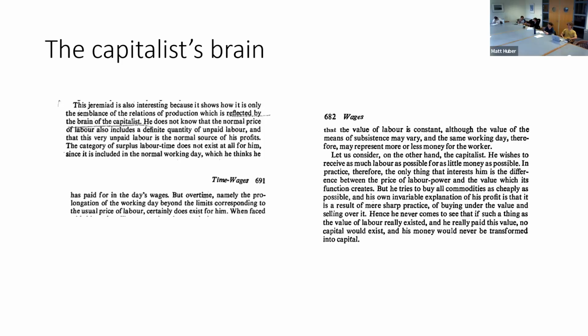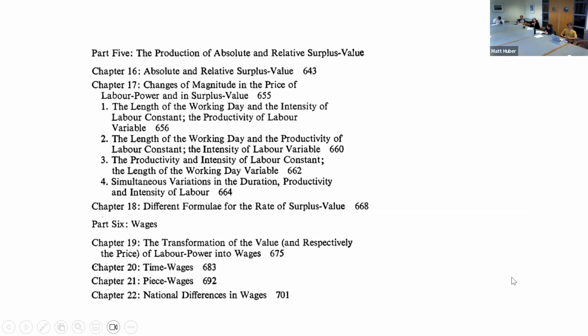Hence, they never come to see that if such a thing as the value of labor really existed and they really paid the value, no capital would exist and money would never be transformed into capital. But I like this line here, that they attribute their profits to their sharp practice. I mean, capitalists think they make surplus value because they're smart and they're geniuses and they're innovative, and it's all that they've gotten these things cheaply and they're selling them for more. So again, the capitalists have no idea that it's really coming from the workers.